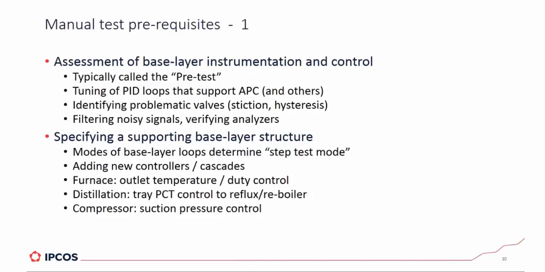In the distillation column, for example, we could have a tray PCT control, with pressure corrected temperature, that would set either the reflux flow or the reboiler duty flow. In the case of a compressor, for example, we could first decide to build a suction pressure control that sets the speed of the compressor, which would eventually be used as the manipulated variable in the APC.